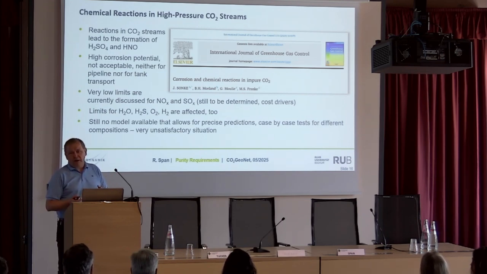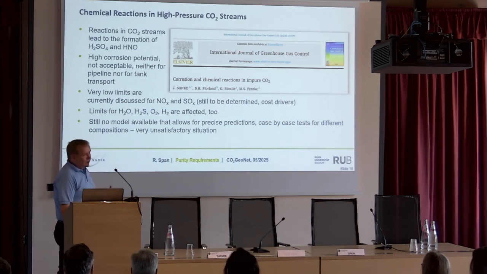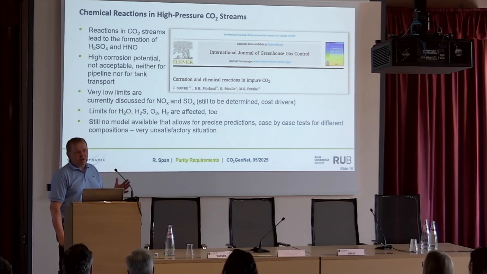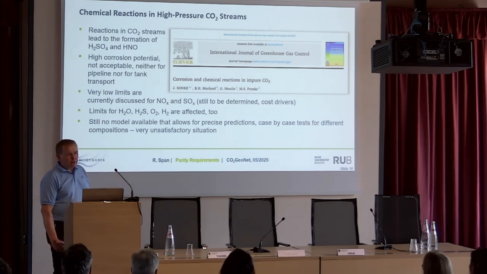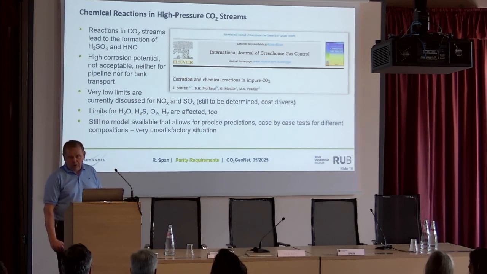It's a problem for pipelines, because we became aware, thanks to work of IFE mostly, that there are chemical reactions going on in the pipeline which you would not expect at ambient conditions. In this pipeline environment, you have chemical reactions which in the end lead to the fact that every sulfur you have in the CO2 ends up as sulfuric acid, and NOx ends up as nitrous acid. The critical issue is the sulfuric acid, and that's a no-go. You can't have sulfuric acid in a pipeline.